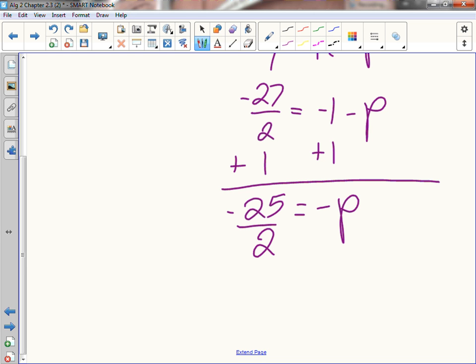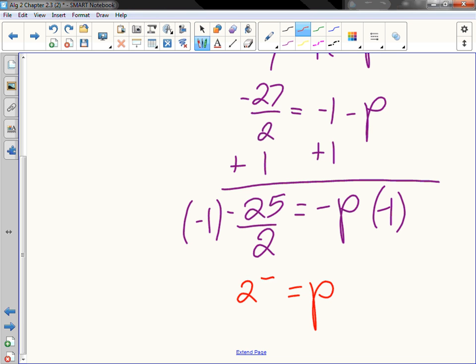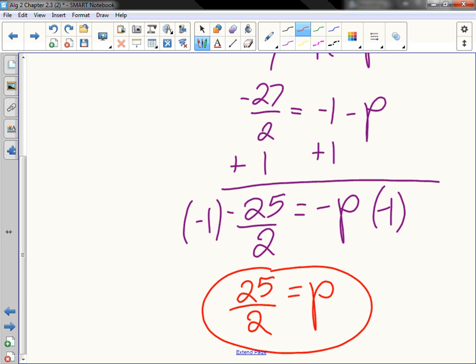Since I don't want to know what negative p is, I want to know what the value of positive p is, we're going to multiply both sides or divide both sides by what? Negative 1. Really, the reason we're doing that is to change the sign, because multiplying or dividing by 1 doesn't change its value.